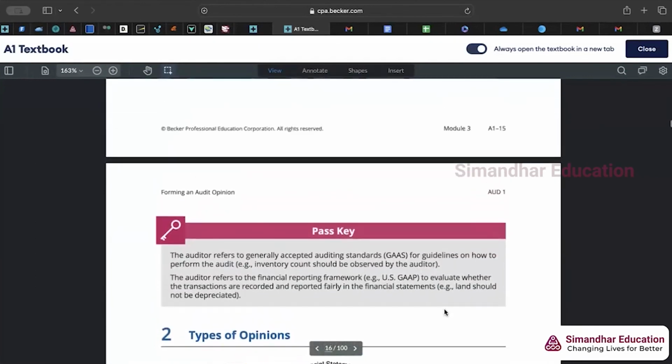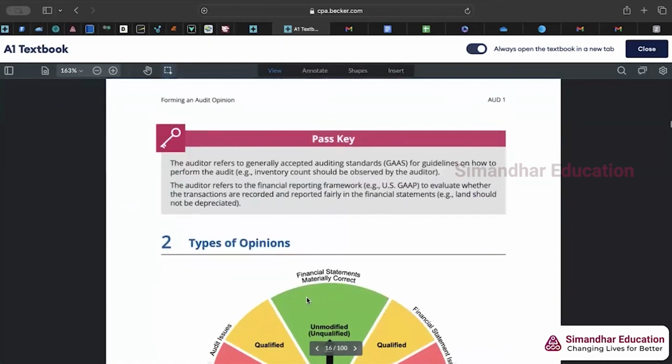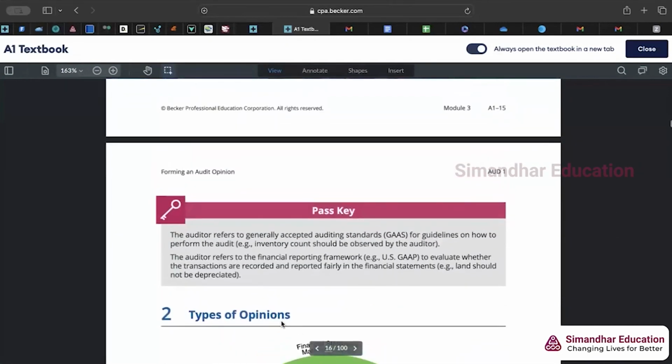Now, very important pass key. It impacts all our types of opinions. Before we go to this very fancy and very nice chart that I like, the auditor refers to auditing standards for guidelines on how to perform an audit. That is the auditor's guidelines.